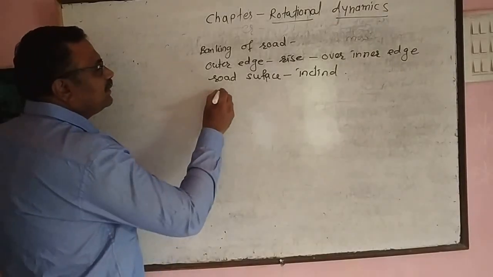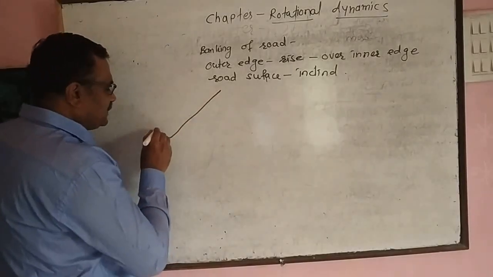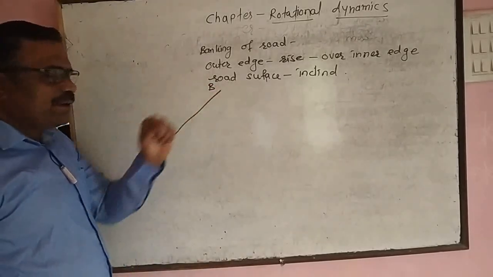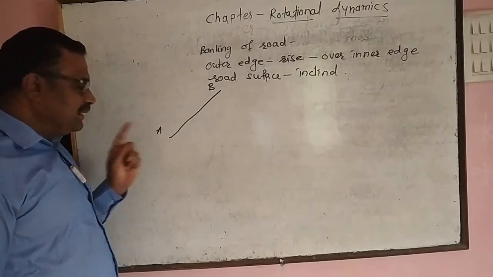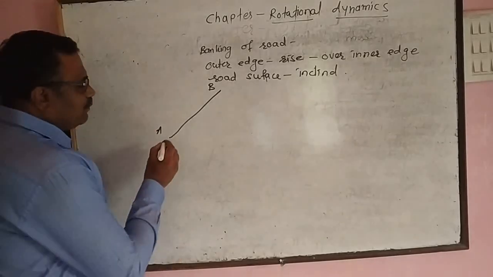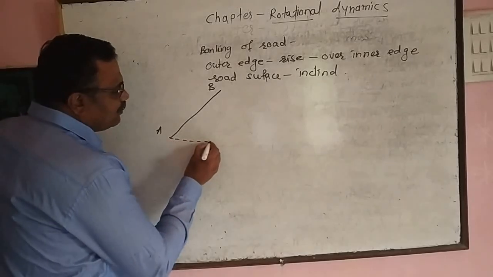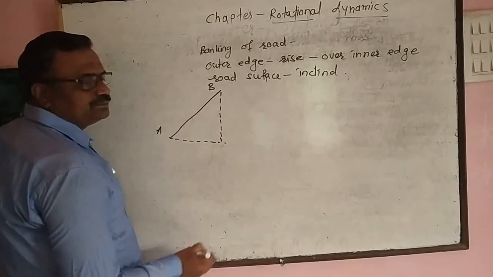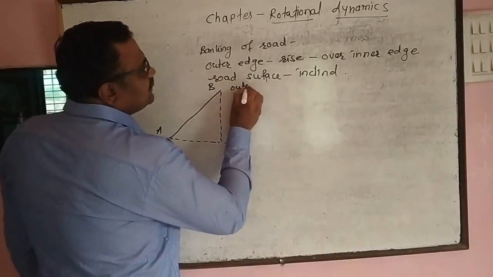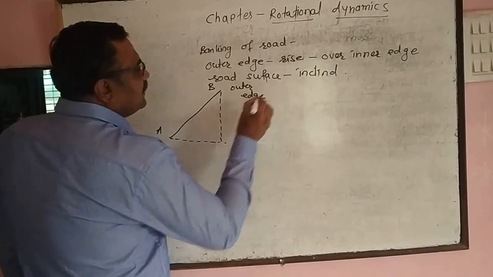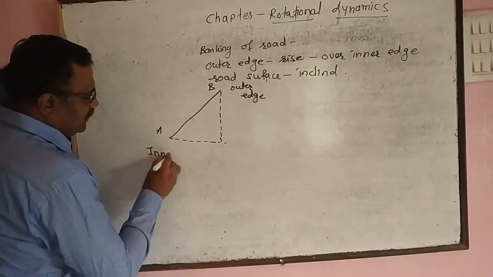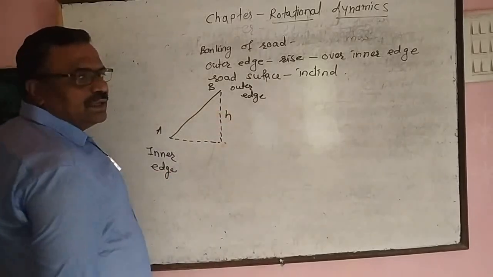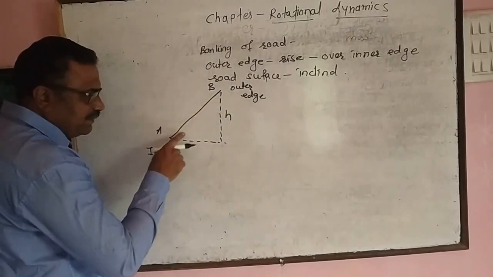In the figure AB is the road surface. B is the outer edge of the road surface and A is the inner edge of the road surface. We can observe the outer edge of the road surface is raised over the inner edge, and due to that this road surface becomes inclined.